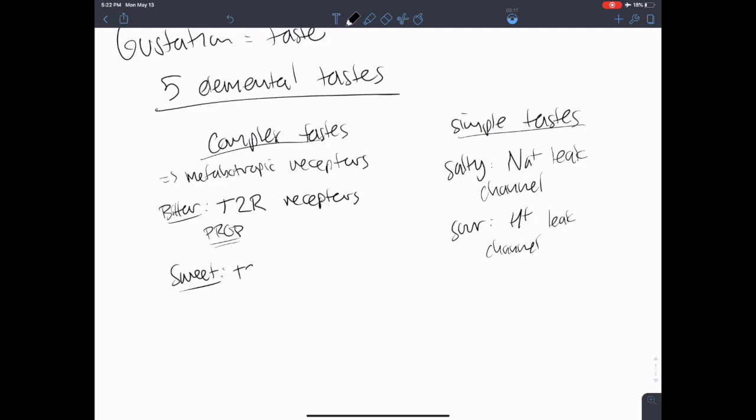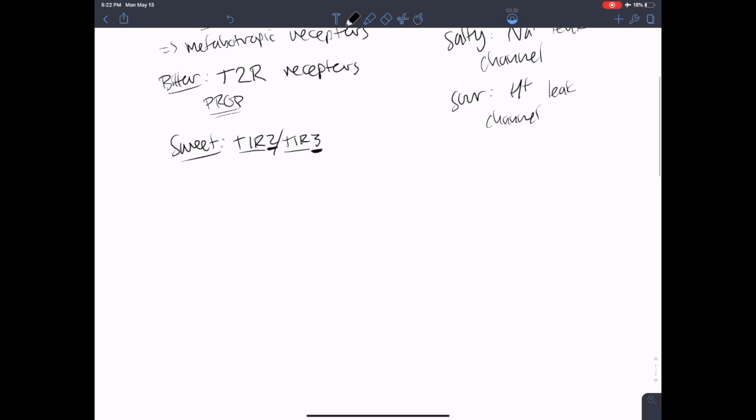Sweet is going to be another complex taste in that it acts via metabotropic receptor. These are going to be your T1R2/T1R3. And what I like to do to remember this is just remember T1R, and then 23. And this will help because the last one is umami, which is kind of the perception of meat, like amino acids.